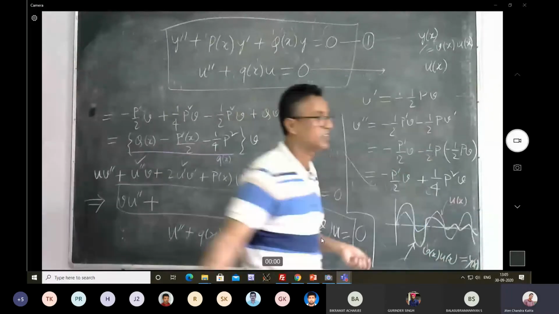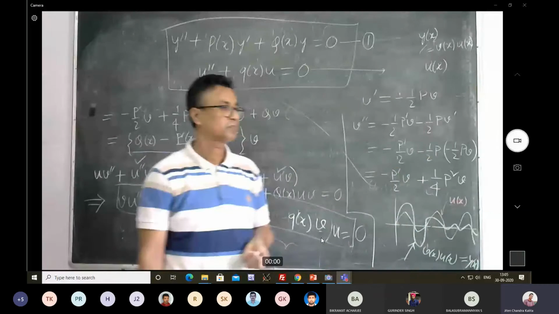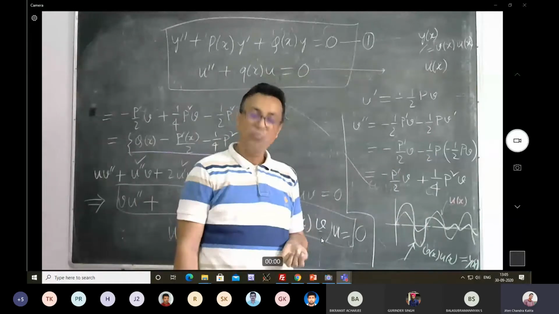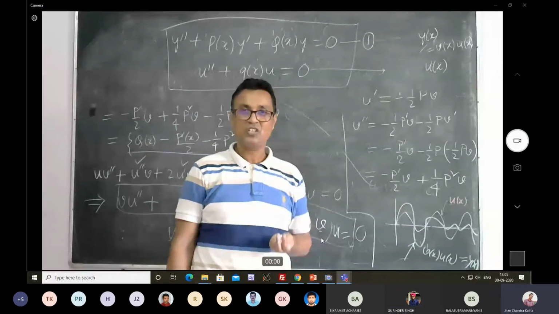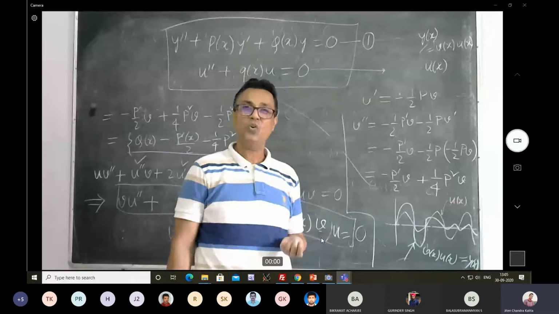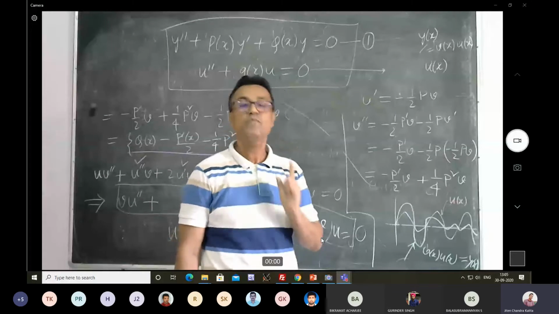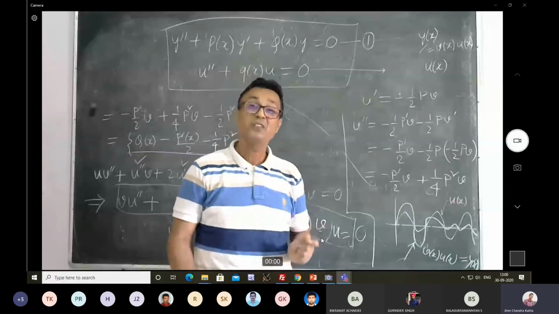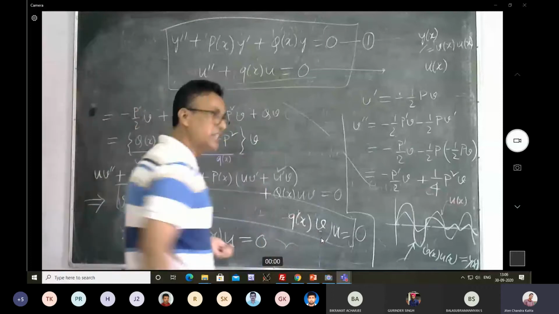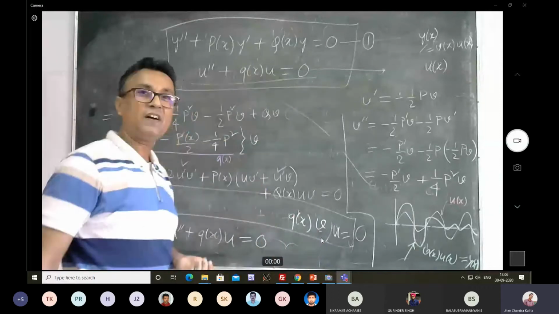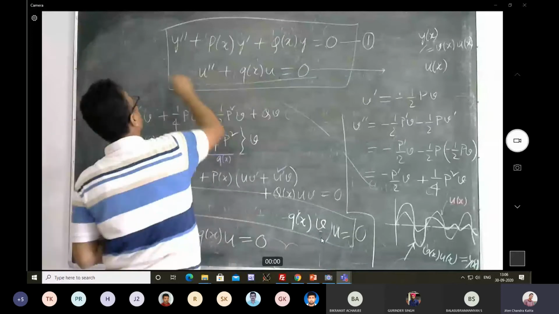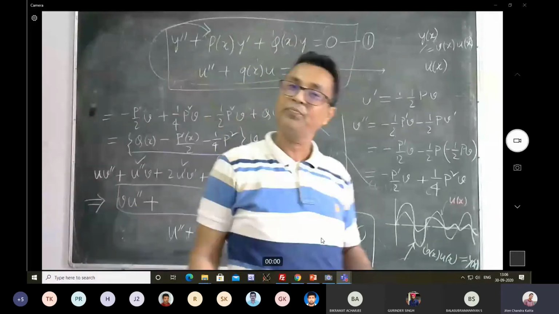Both these functions are going to give me the same zeros, and they are going to follow the same oscillatory behavior. So if I study the solution of this equation, it suffices for studying the solution of this. Now is it clear?